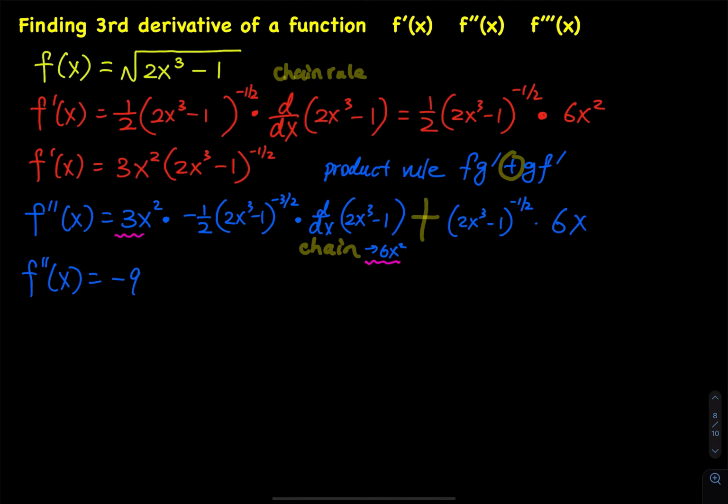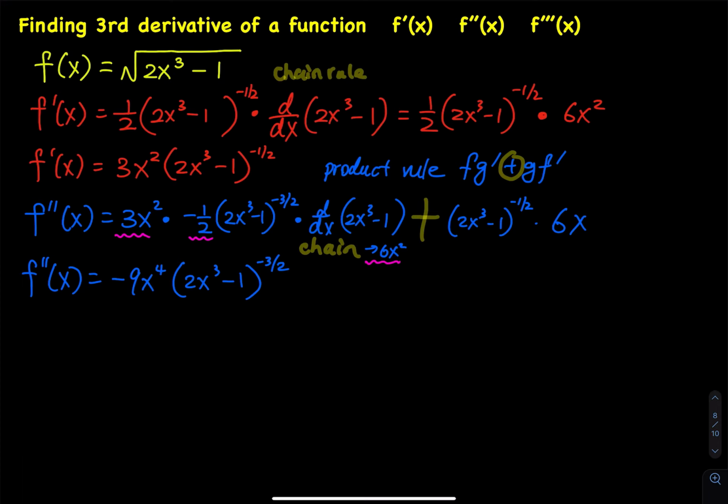Okay, so that gives me a negative 18 divided by 2 is 9. x squared times x squared is x to the 4th. And then the negative, and then we have 2x to the third minus 1, and then raised to negative 3/2.